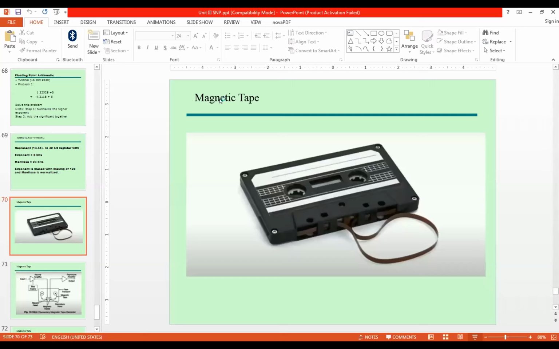You may already know that data is stored in computers in a series of ones and zeros.